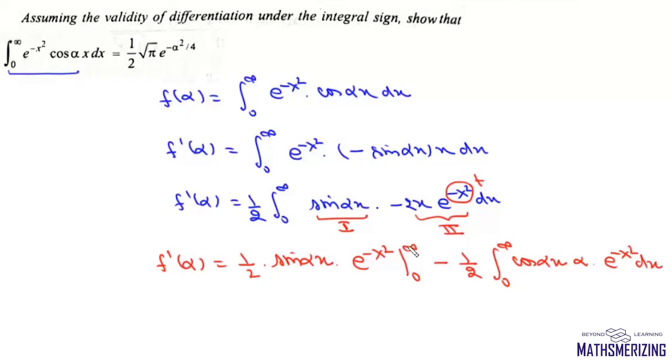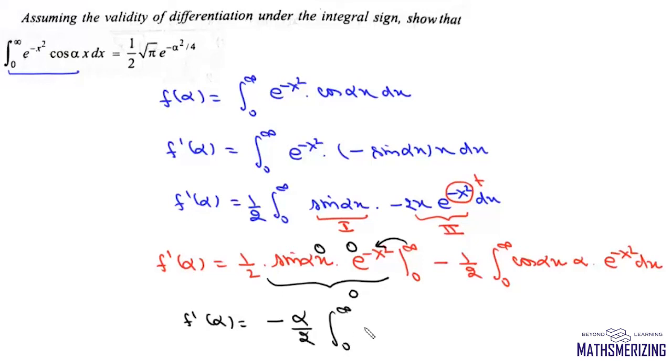Now we put the limits here. E to the power minus infinite will be 0, and if we put x as 0, sin 0 will be 0. So the value of this part will be simply 0. That means we are left with f dash alpha equals minus alpha upon 2, this integral from 0 to infinite cos alpha x into e to the power minus x square dx.